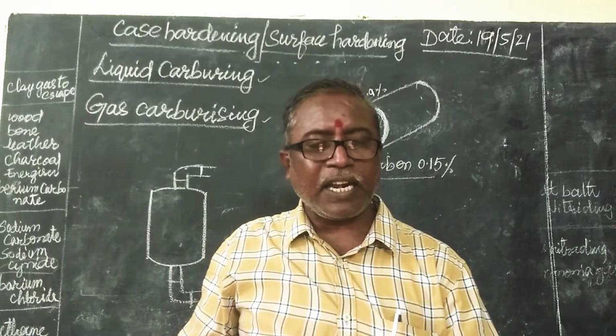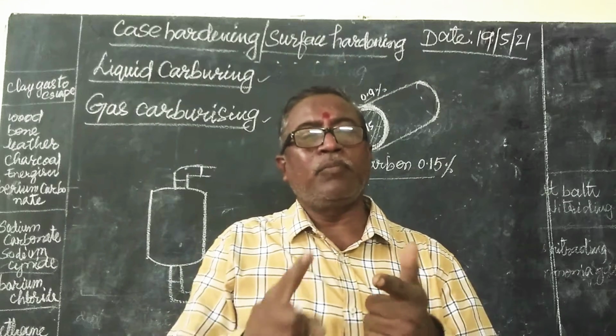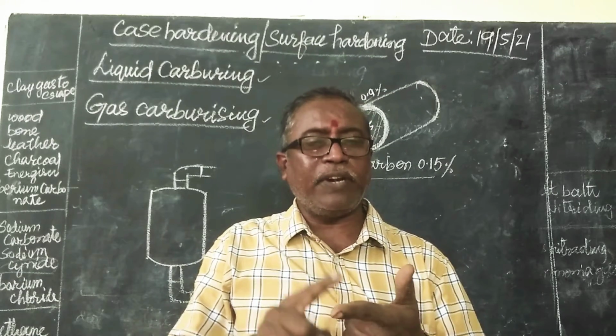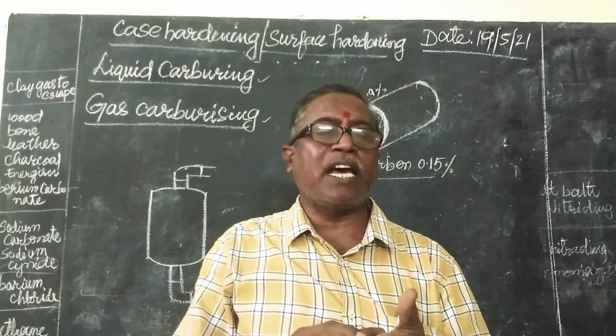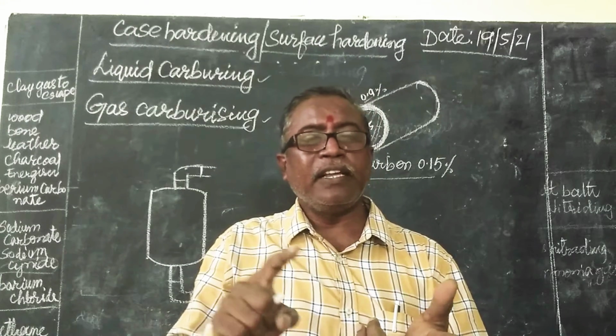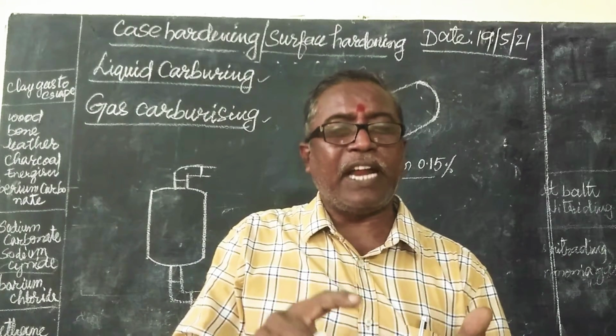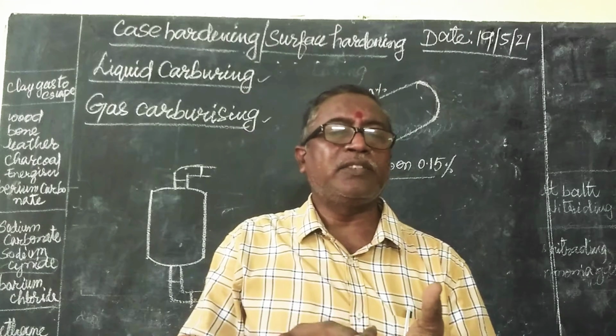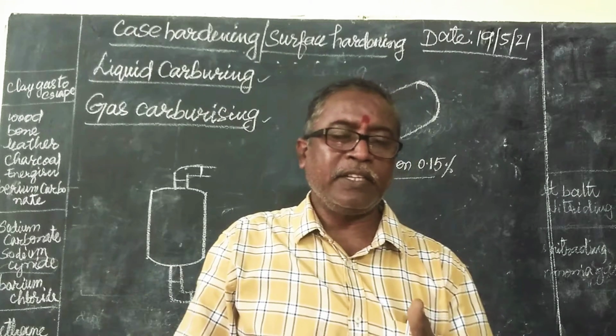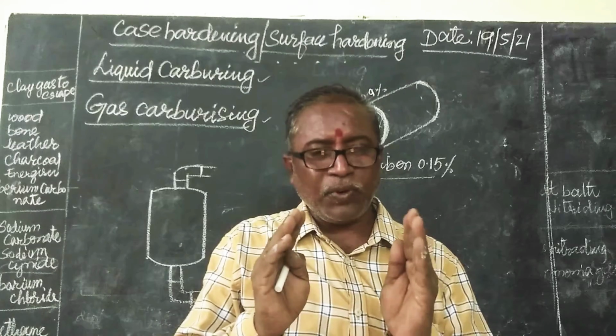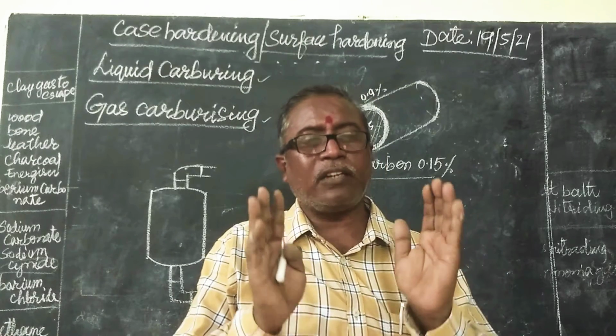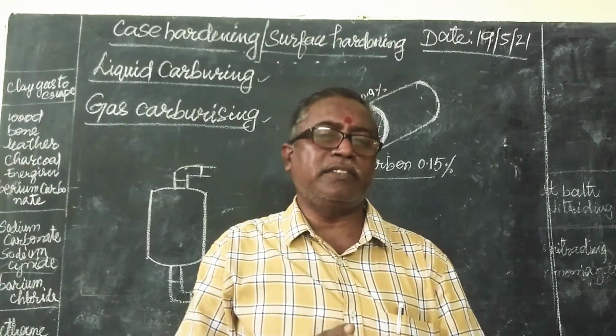In this case hardening, with carbon: pack carburizing, liquid carburizing, gas carburizing. Then nitrides will be formed: nitriding and salt bath nitriding. So if you remember this, these are all case hardening processes.